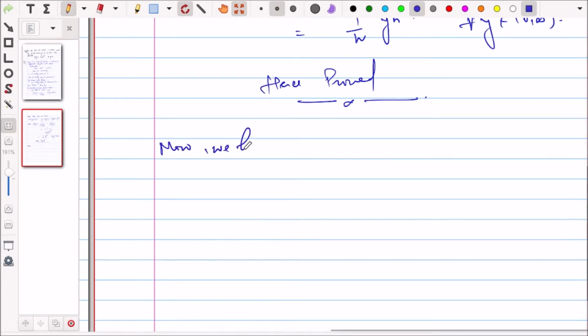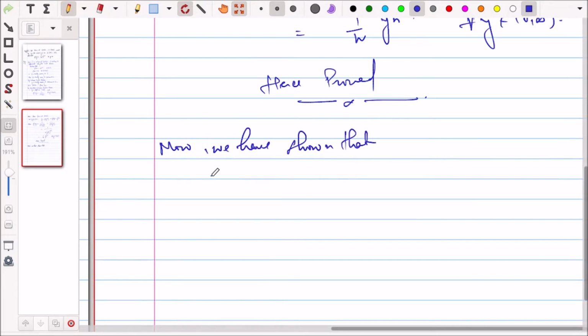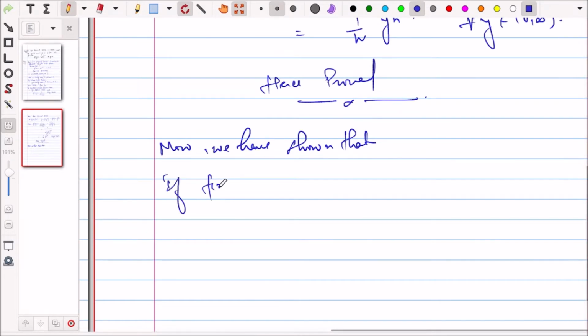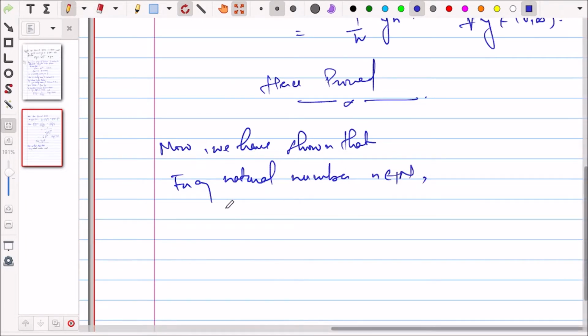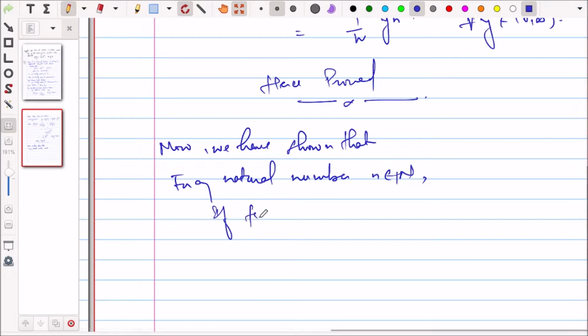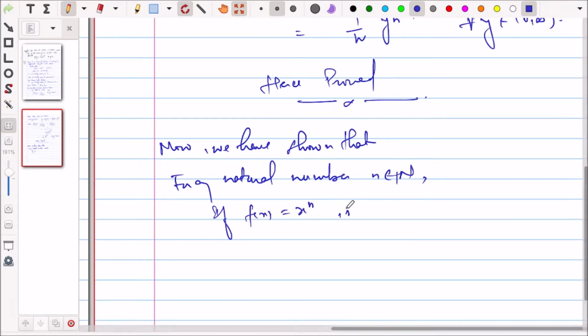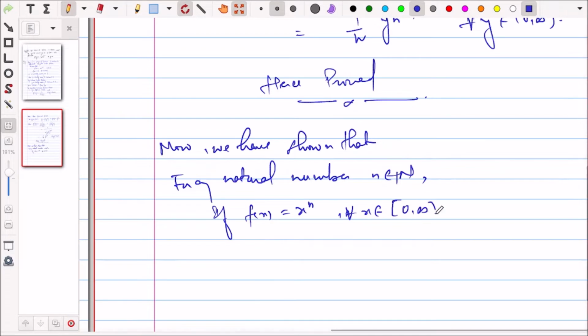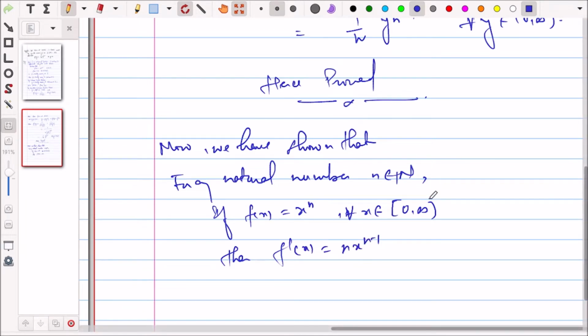So now we have shown that first, if f(x) is equal to x to the power n for all n belonging to N, for any natural number n, we have shown what we have shown: if f(x) equals x to the power n for all x belonging to 0 to infinity, then f dash x is equal to n x to the power n minus 1, this formula.